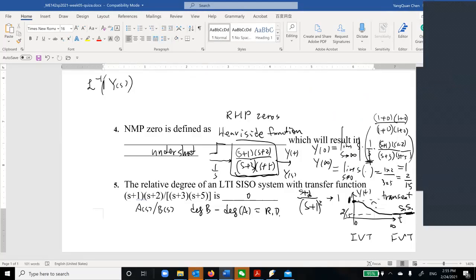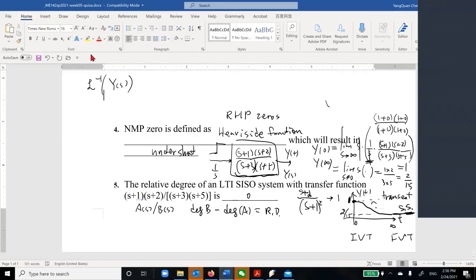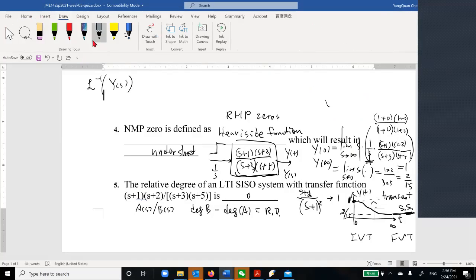I don't know how to do it. You can go to the Draw tab on top. This one? This is not going to help me. No, where it says Draw. Oh, this one? Oh, yeah. You're smart, I'm learning from you. I feel happy. Yes, you're right. Draw.